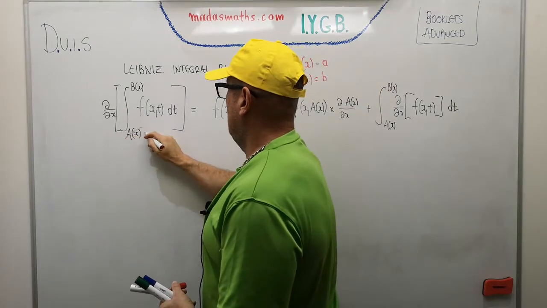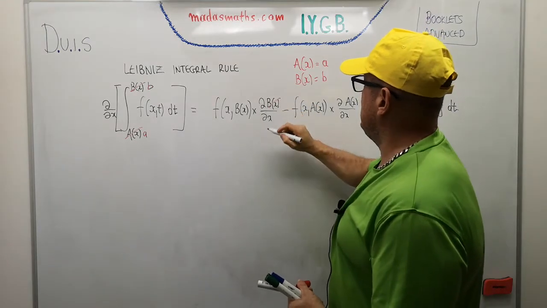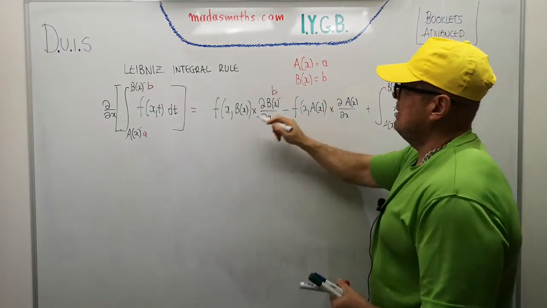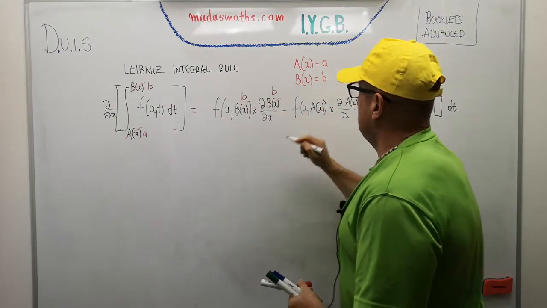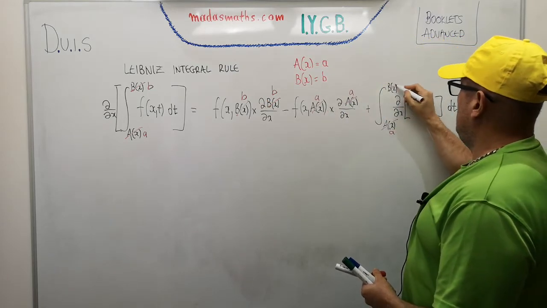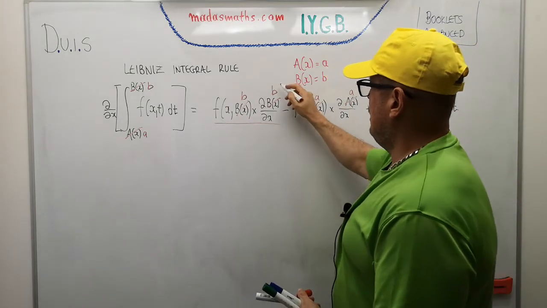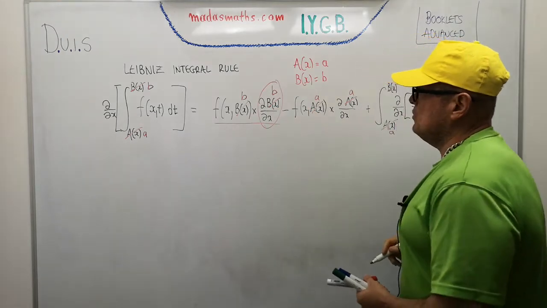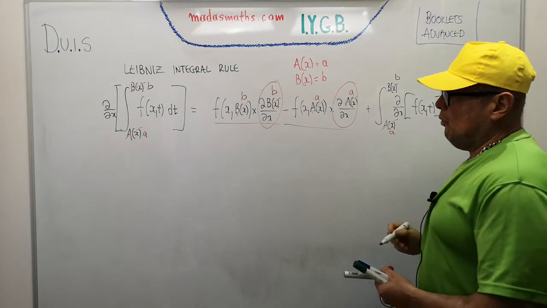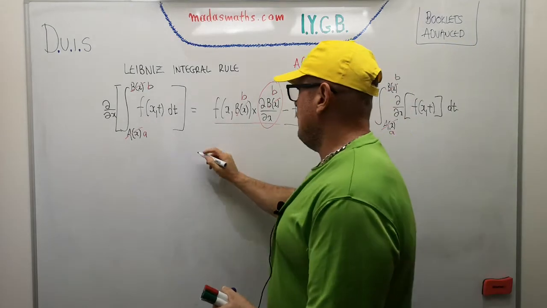This will be, of course, the integral from a to b, no problem. But then we'll be differentiating a constant. Differentiating a constant produces 0, so this term vanishes, and so does this one here. All of this will be gone.